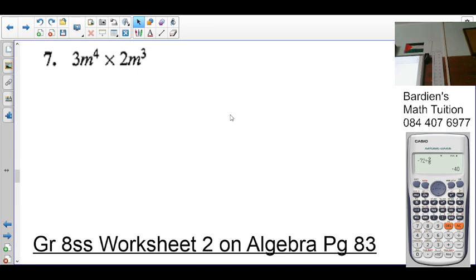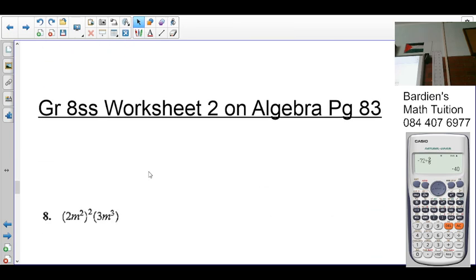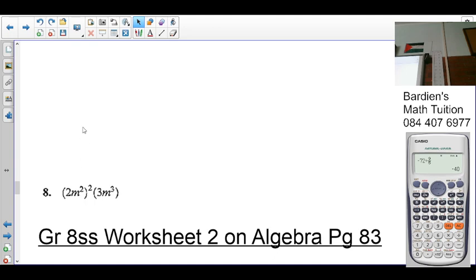Yes. Alright, so when we're multiplying and bases are the same, we? Add the exponents. Not so? So what is 3m to the 4 times 2m cubed? 6m to the 7. Why? When we're multiplying and bases are the same, we add the exponents. So look at number 8.